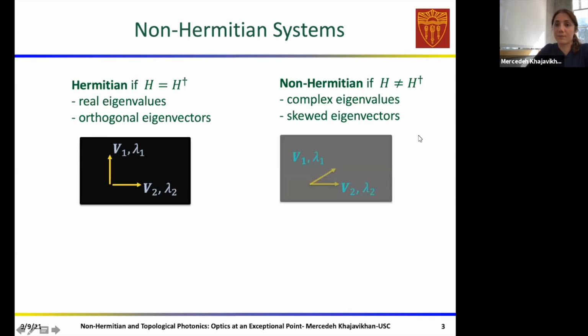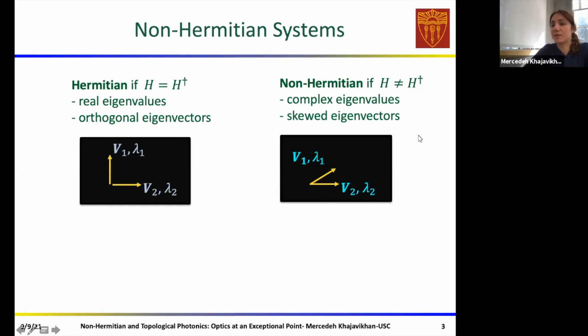An example of this would be a 2-level system or a system with 2 degrees of freedom. Such a non-Hermitian system would be represented by 2 eigenvectors that are no longer orthogonal to each other, and 2 eigenvalues that, as I said, are no longer necessarily real.